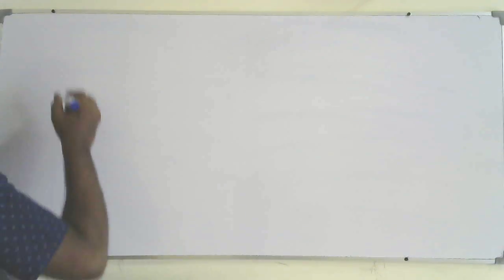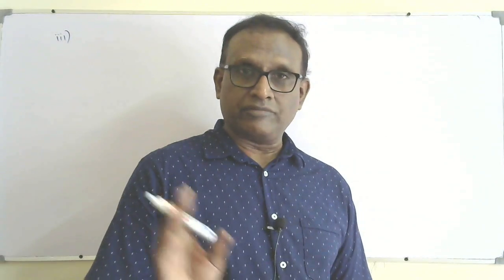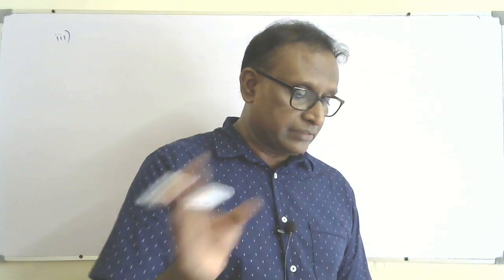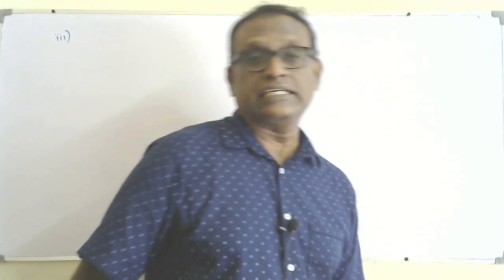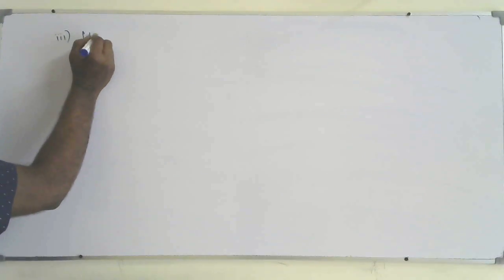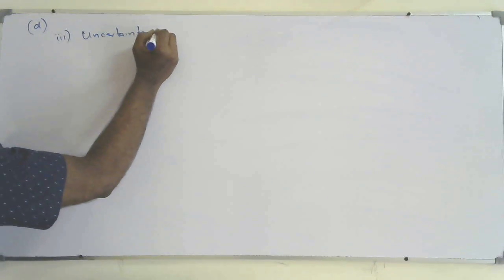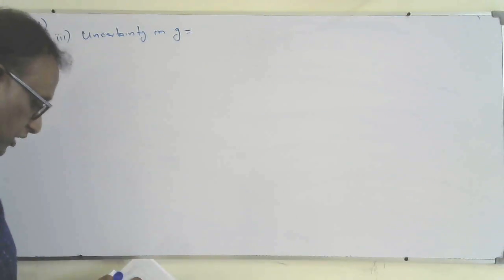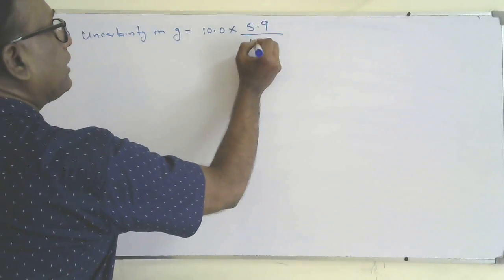So the uncertainty in G equals the value of G, 10.0, into the percentage uncertainty 5.9 over 100.